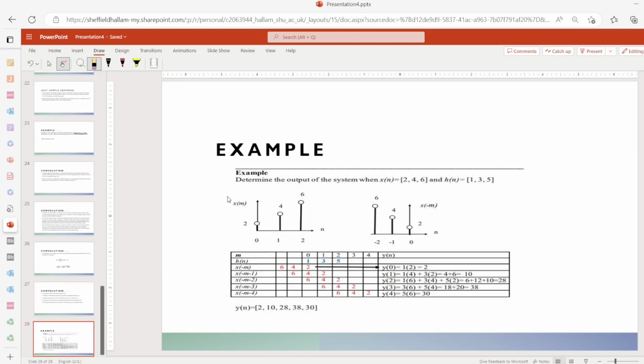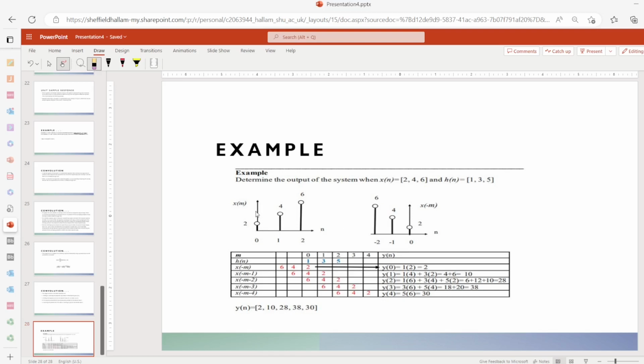Okay, so this is xm. Determine the output of the system when xn equals 2, 4, 6. Here the input is xn, and the value of each sample is given: 2, 4, and 6. And hn is the system response, and the value for each sample index is given as 1, 3, and 5.